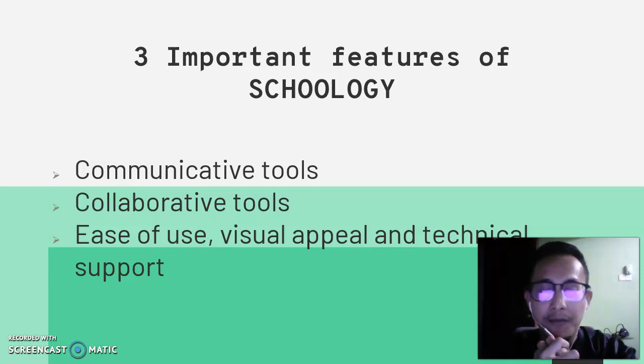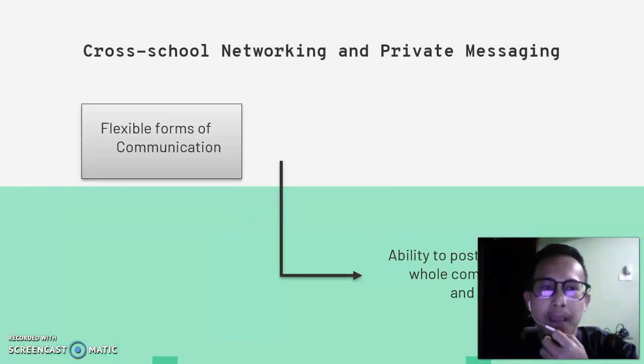Before, I showed you the academic features. Now these are the three main features of Schoology, not academic: communicative tools, collaborative tools, and the ease of use, visual appeal, and technical support. Right. Okay, cross-school networking and private messaging.